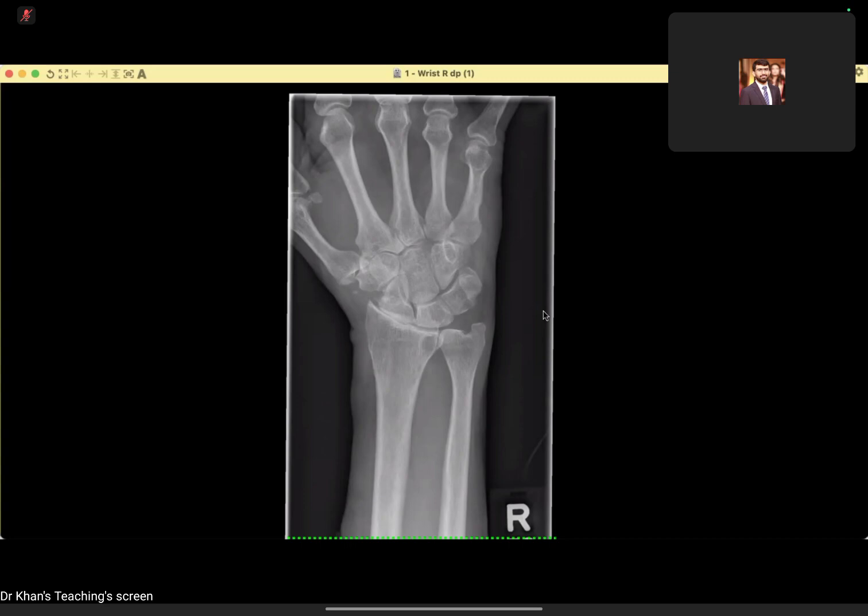In this radiograph, I can appreciate that there is a lucent lesion in the distal part of the radius in a subarticular location. This lucent lesion is well defined, has a narrow zone of transition and sclerotic margins.